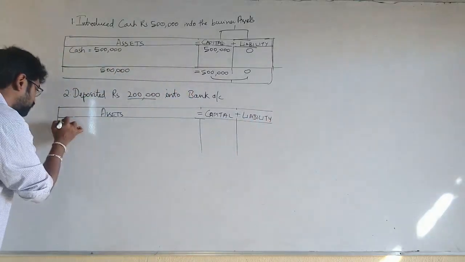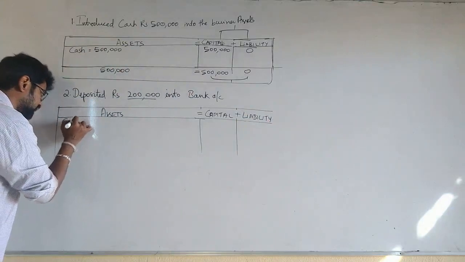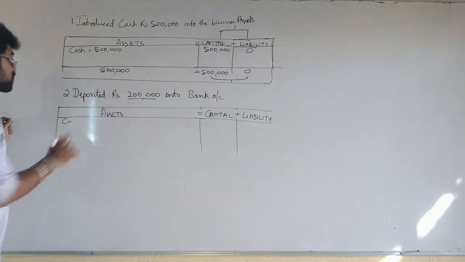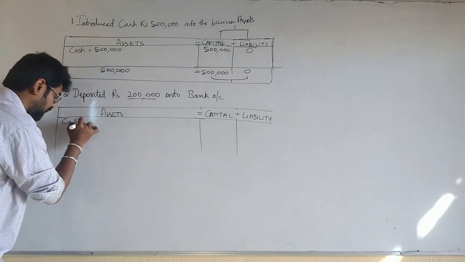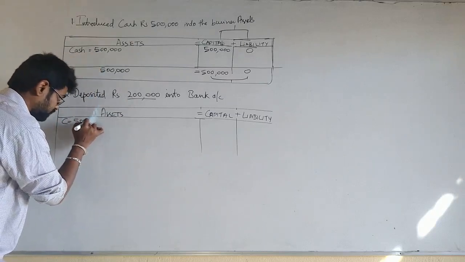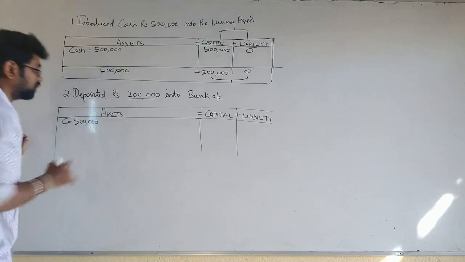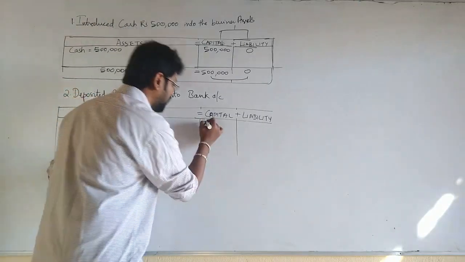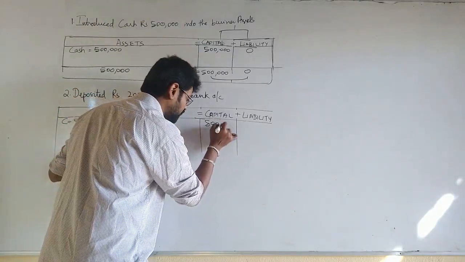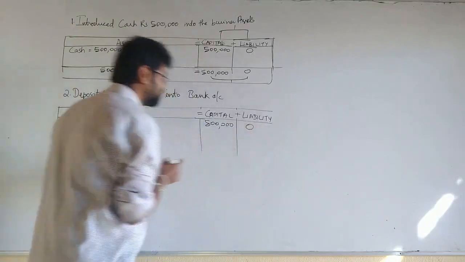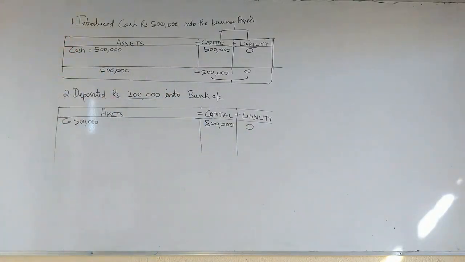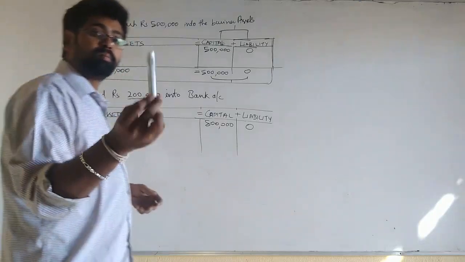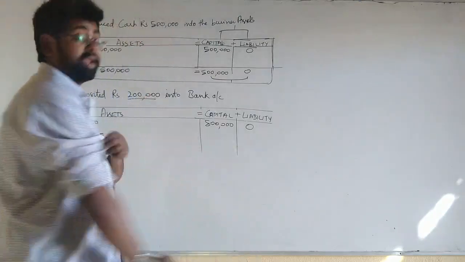So how much cash was there? In short form I am writing C. Don't get confused. Cash was 5 lakhs, so I am writing 5 lakhs. Capital was 5 lakhs. Liabilities was 0. Now please remember, I am using this blue ink now to make the changes.